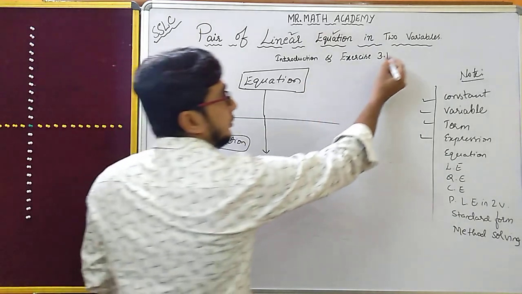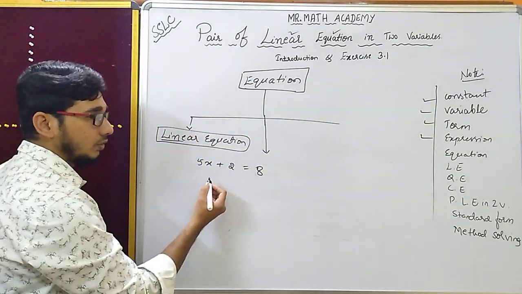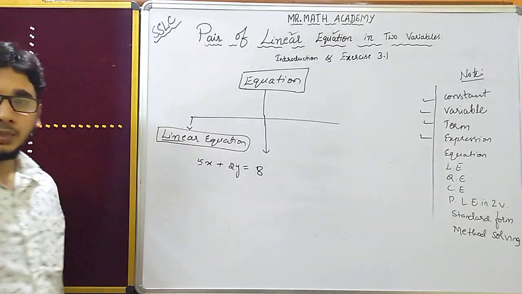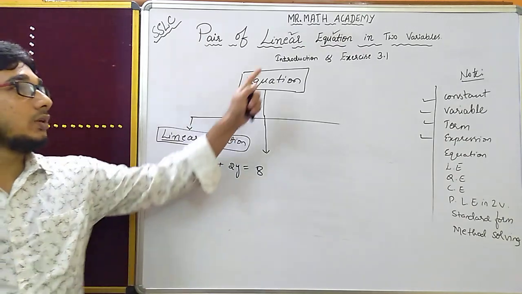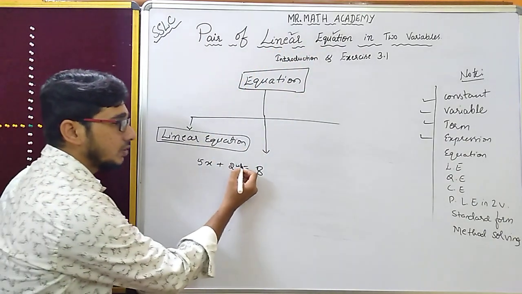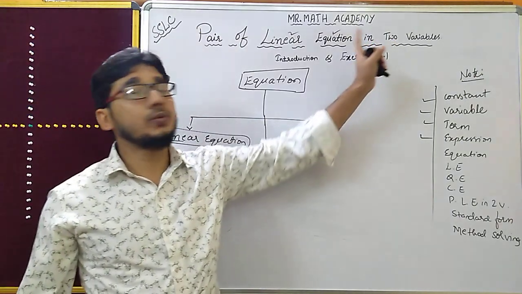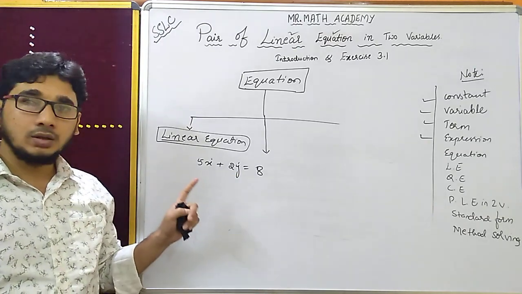Our chapter is two variables, so two variables should be there. So I'll write it as 5x plus 2y is equal to 0. Now see, linear equation, power is 1, in two variables, x and y.